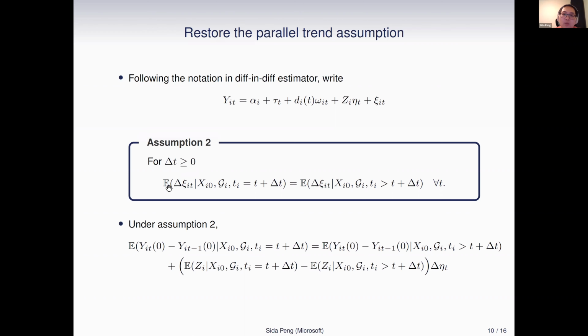Then on assumption 2, we can see that this parallel trend assumption, this component here, will be restored after adjusting for this impact from the VI. With the expectation, we integrate out the error term. Because these two terms will be identified from the adoption stage, it allows us to first estimate delta eta t and then use this delta eta t to construct counterfactuals for the adoption at time t.